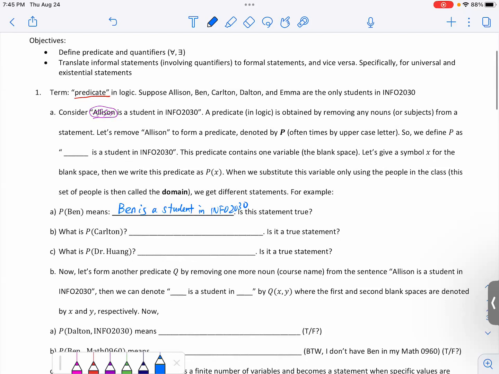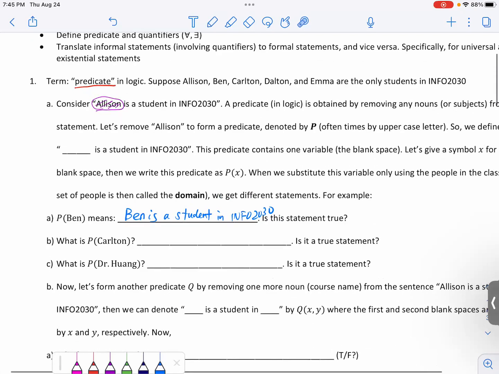Okay, so that's what P of Ben means. So you basically just do what we usually do when we have a function. This is actually a function now. So the variable is Ben, we plug Ben in here. So is this a true statement or false statement? We have an assumption here. We assume there are 5 students in this class, and Ben is actually a student in this class. So therefore, this is a true statement.